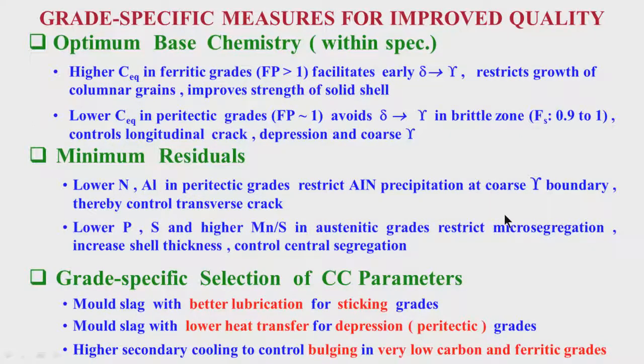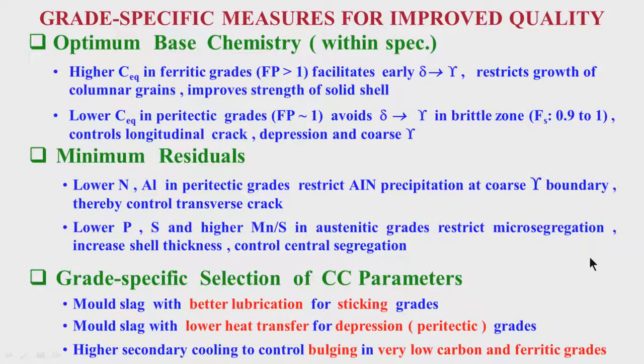So, for such types of grades, control of phosphorus, sulfur and higher manganese by sulfur assumes still higher importance. It is important in all grades, but it is very important in austenitic grades.